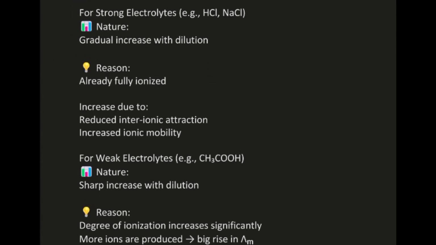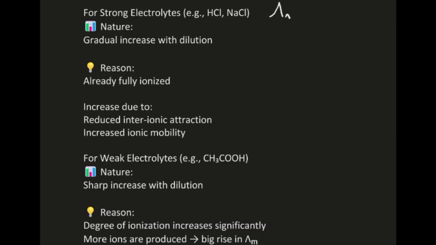Next, molar conductivity lambda m increases on dilution. Dilution means concentration is decreasing. When concentration decreases, lambda m increases. Why is it so? See, lambda m depends on kappa and volume, right?